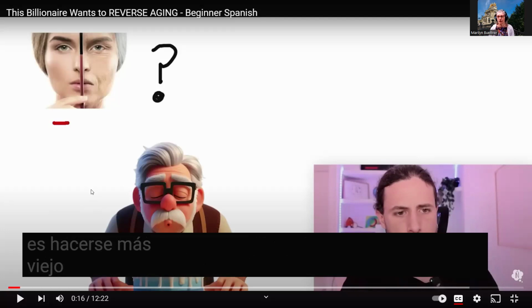This shows how many verbs, not all of them, but many verbs can be taken, and we can have a se on them and they become what we call a reflexive. And hacerse means literally to make oneself. We would probably change the translation of hacerse viejo, hacerse más viejo, to become old or to get old.